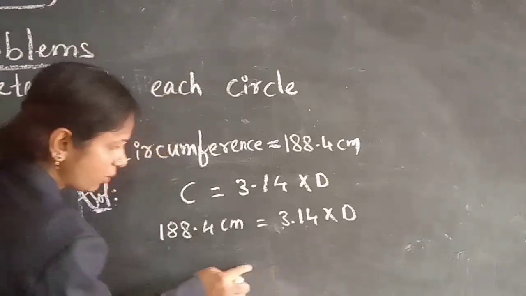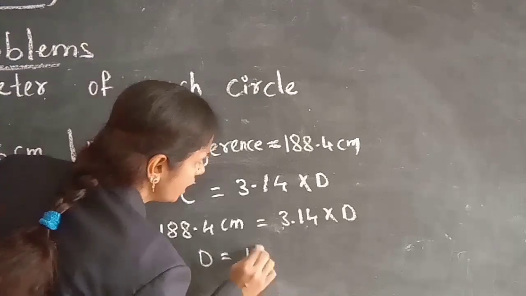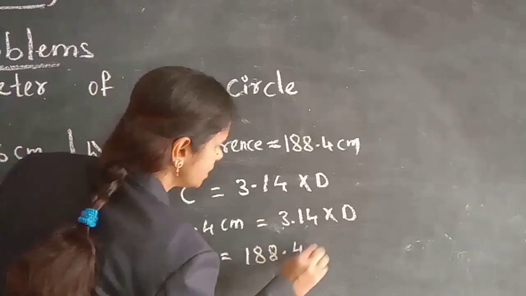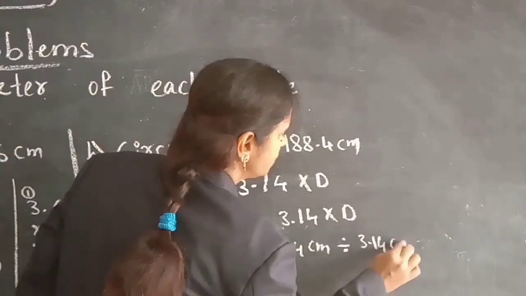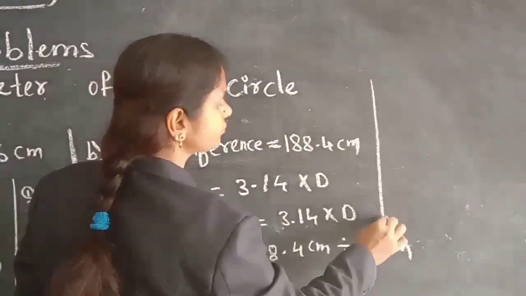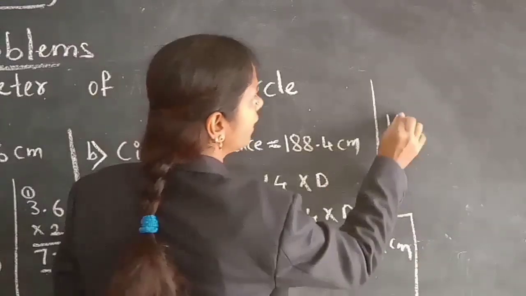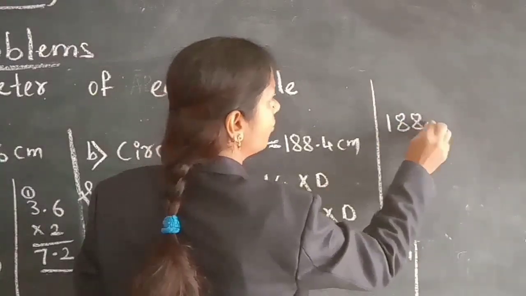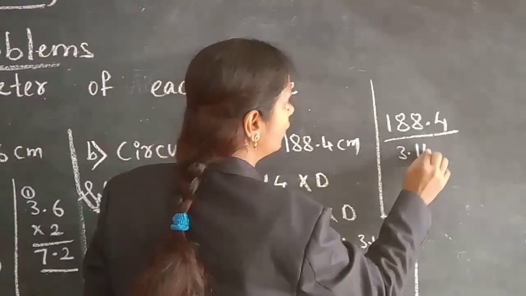Now I am shifting 3.14 to this side. Nothing but diameter is equal to 188.4 centimeters divided by 3.14 centimeters. Here you can simplify that, children. Now 188.4 by 3.14.